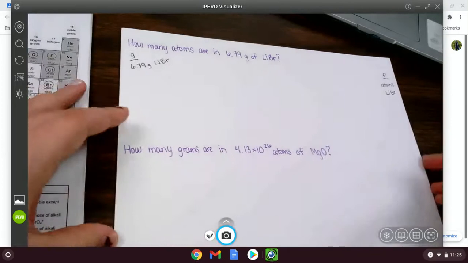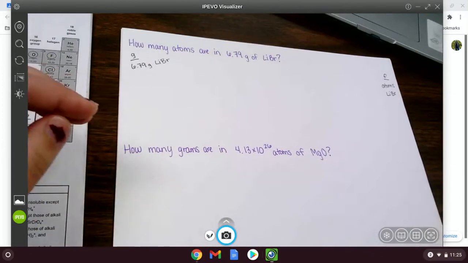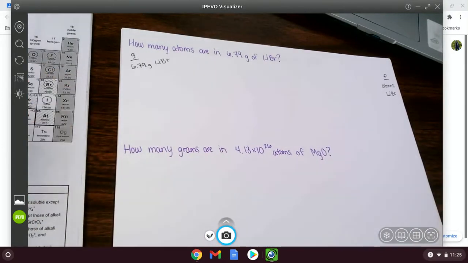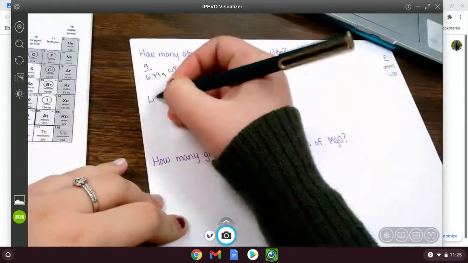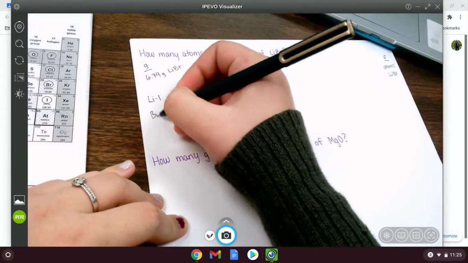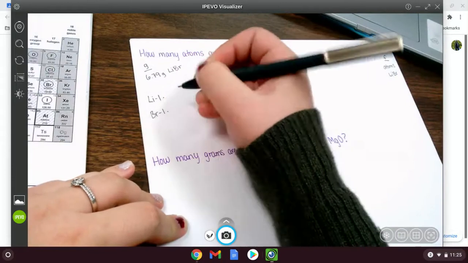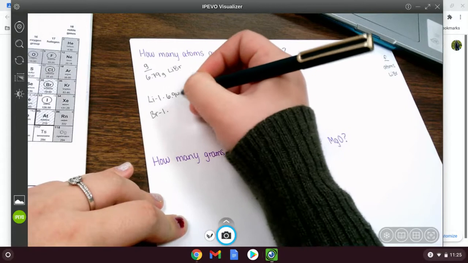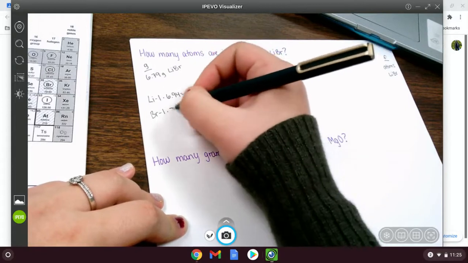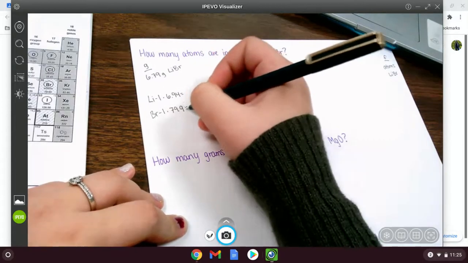Okay? So I'm going to save myself some time. I know I'm going to have to calculate the molar mass of lithium bromide, so I'm just going to do that right now. So lithium, there's 1, bromine, 1. Lithium's atomic mass is 6.94, bromine's is 79.9.